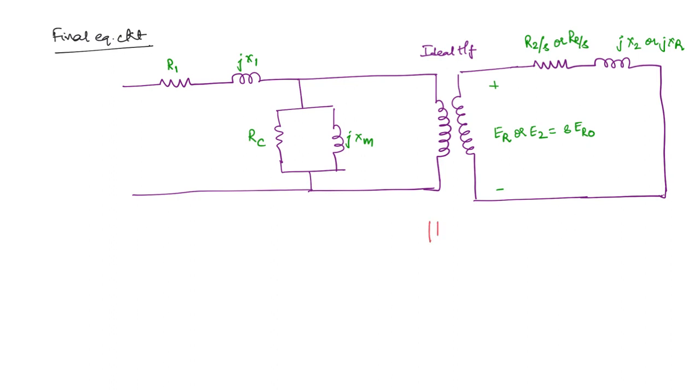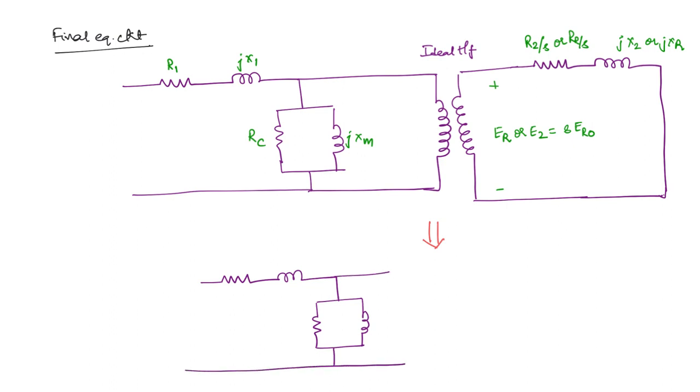The stator side will remain the same. So you can draw R1, X1 as the shunt parameters. Now this is the voltage on the primary side.